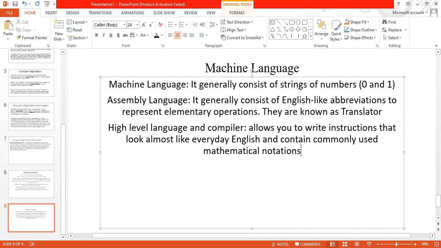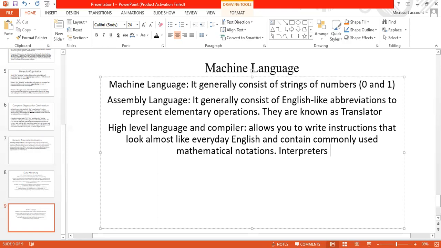So interpreters are known to be what? Interpreters are developed to execute high-level language. Here in high-level, we find what is called the interpreters. They are developed to ensure that high-level language is executed directly.